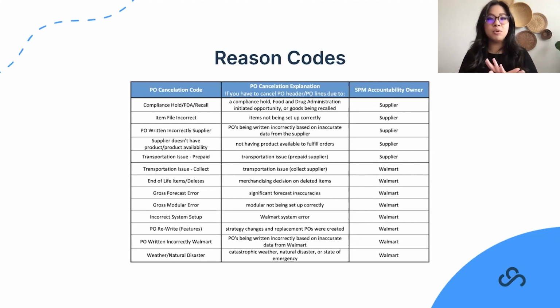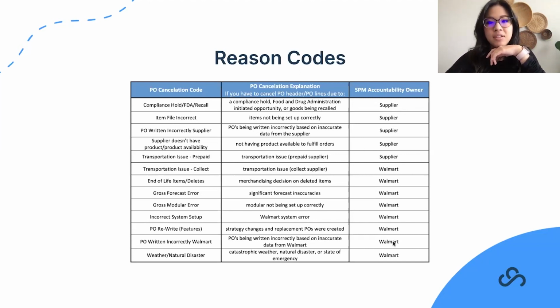So if you aren't able to ship in full, please make sure that you are submitting cancellations through Nova. Along with that, one of the quirks we wanted to share is that when you are submitting cancellations, you can actually choose different cancellation codes to let Walmart know why you are canceling the POs.